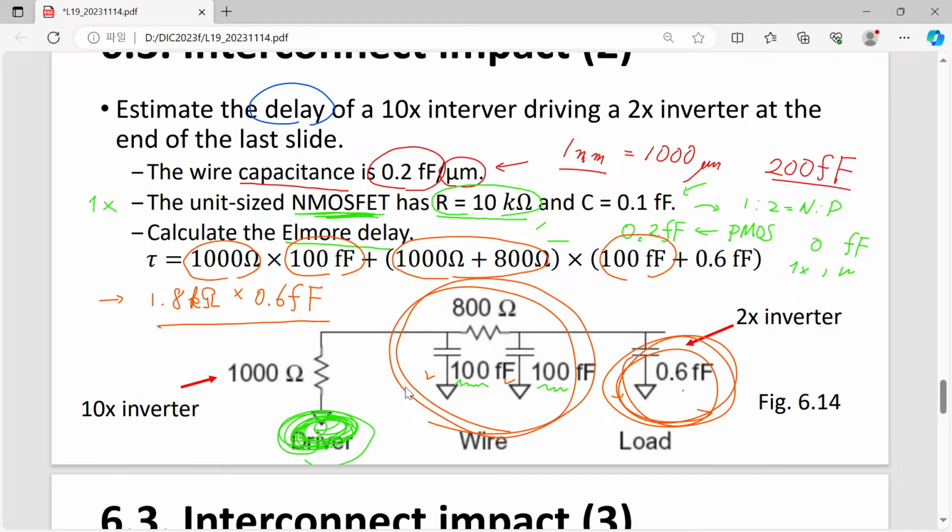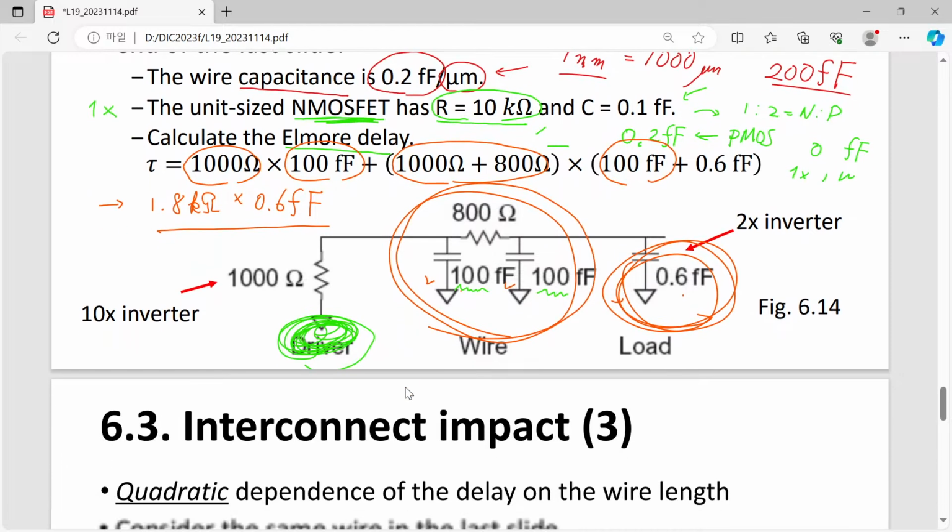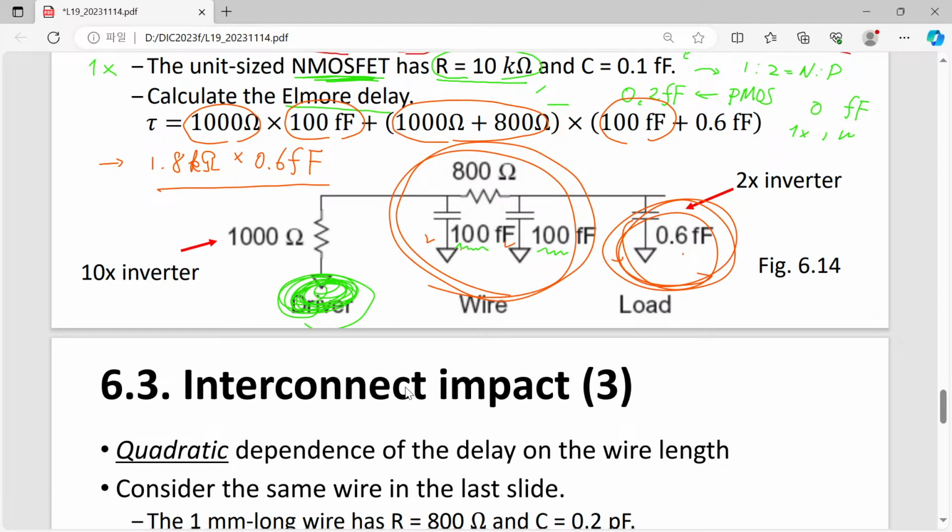So although in our previous consideration about delay in chapter 5 we just considered the input capacitance originated from the load, it was only because we assumed the driver and load are attached quite closely. However, if we have a long wire, then it can introduce a significantly large amount of delay to our system. So we must be careful about that.